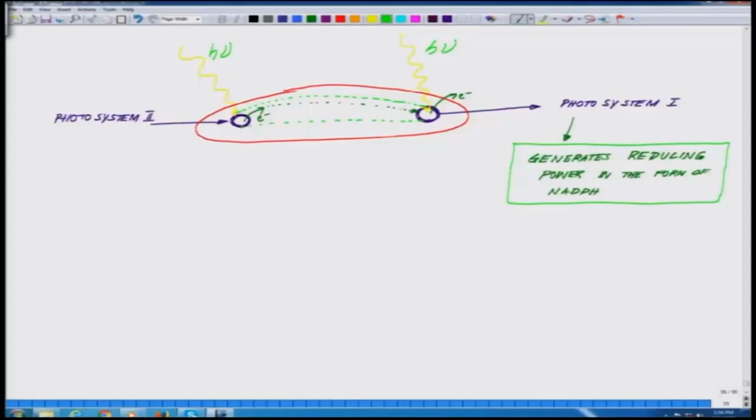So, these electrons which are ejected at photosystem 1, say for example, these chlorophyll molecules CHL plus which are devoid of electrons, are being brought down to their ground state by the electrons supplied from photosystem 2. Okay. So, these are the electrons traveling from photosystem 2.